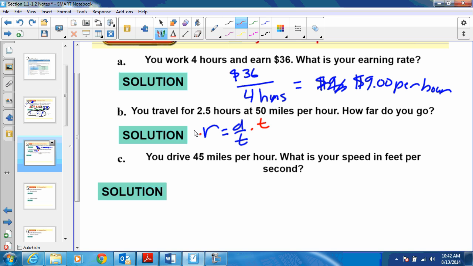Since time's on the bottom, we multiply both sides by time, and we have distance equals rate times time. So if you drive this fast for this long, you multiply it together to find out how far you've gone. So 50 times 2.5 is 125 miles. So the distance would be 125 miles.